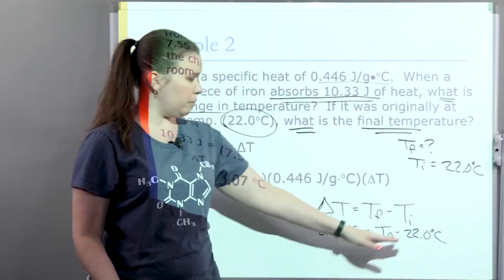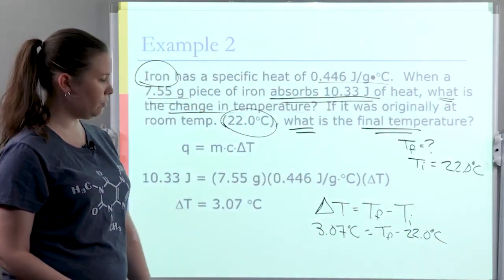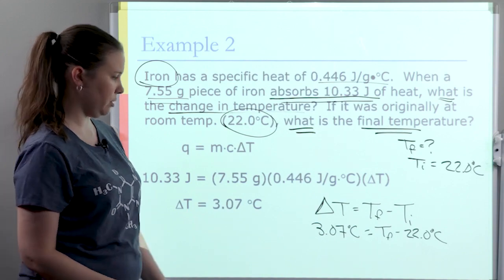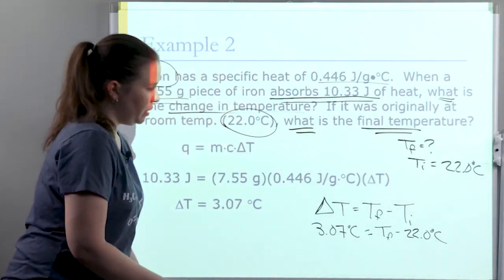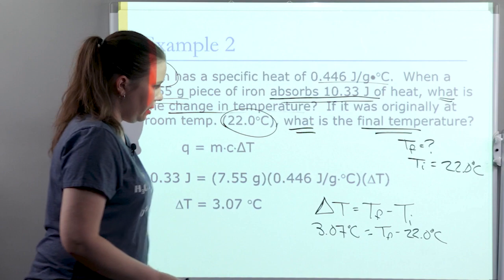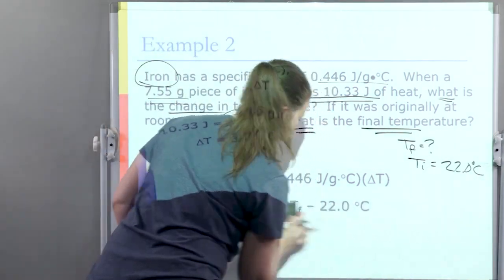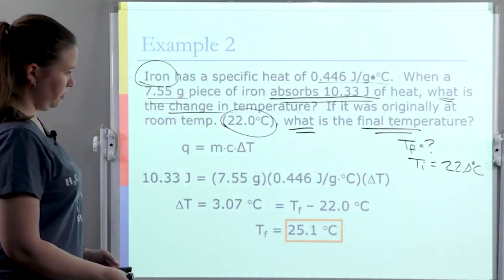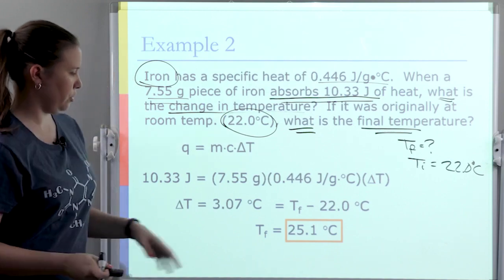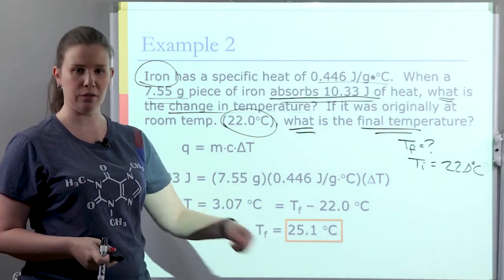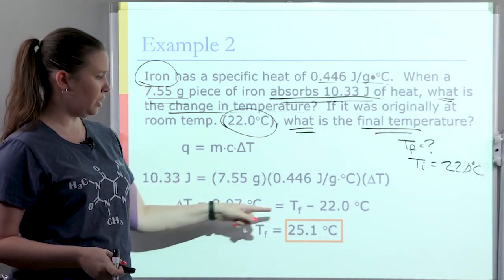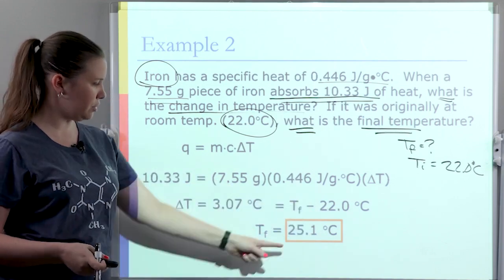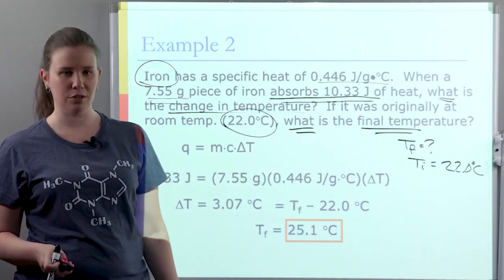So the question is, what minus 22 degrees Celsius gives you the 3.07 degrees Celsius? So basically, we're going to add 22 to both sides so we can isolate TF. And we get a final temperature of 25.1 degrees Celsius. So when we increased from 22 by 3.07, we get the 25.1 degrees Celsius.